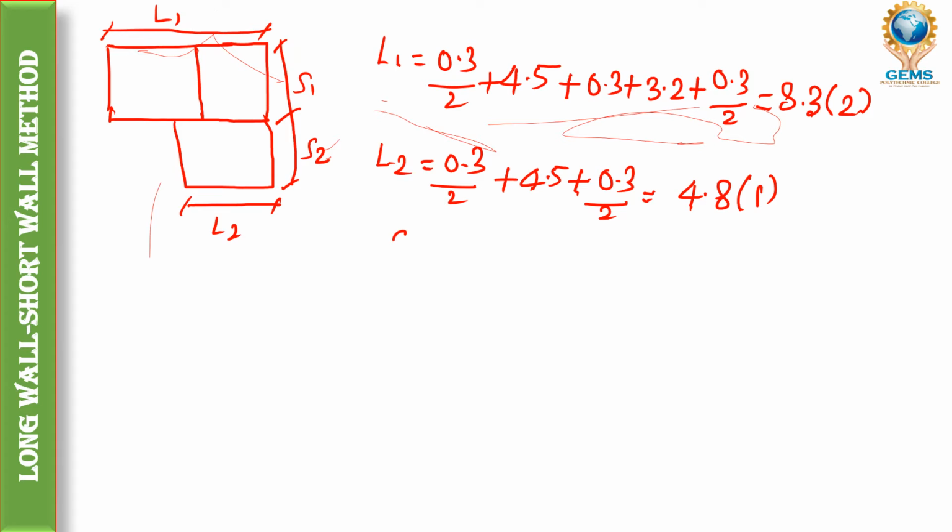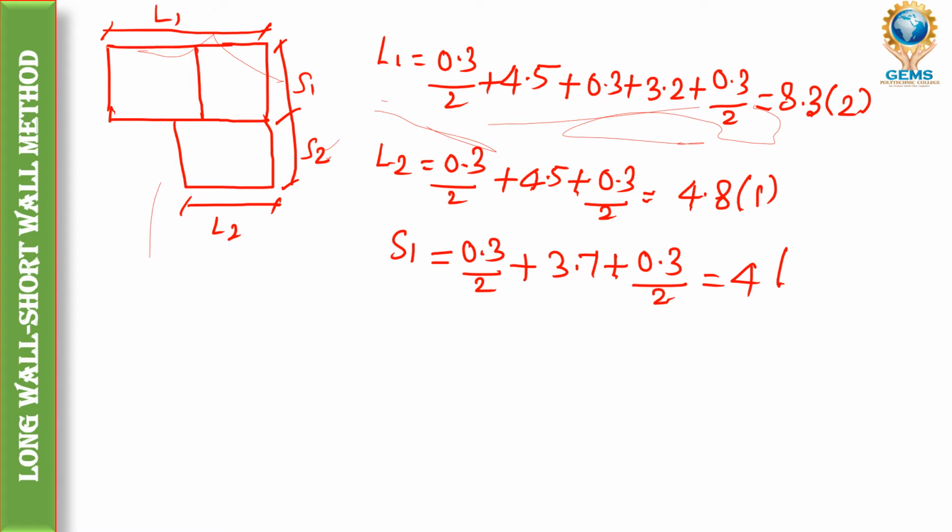Then for S1 and S2, both the dimension, both the height, for the vertical side that is the same, right? Everything is 3.7, so S1 and S2 we can take together. So S1 equal to 0.3 divided by 2 plus 3.7 vertical side dimension plus 0.3 divided by 2 equal to 4.